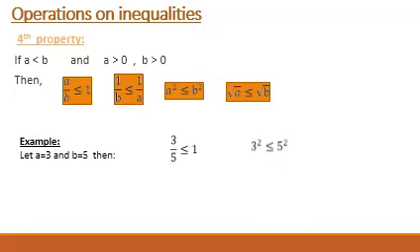We are just applying directly the rules. 3 squared is going to be less than 5 squared. Radical 3 is also less than radical 5. And 1 over 5 is less than 1 over 3.